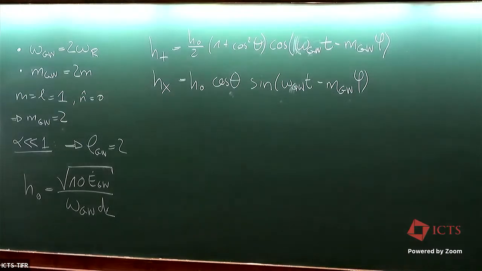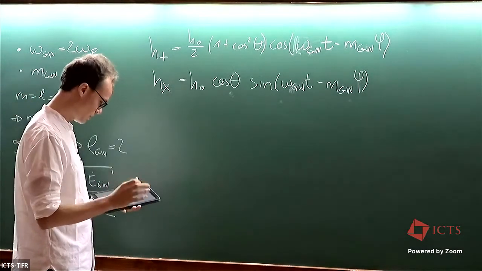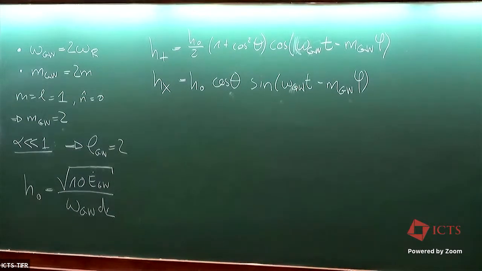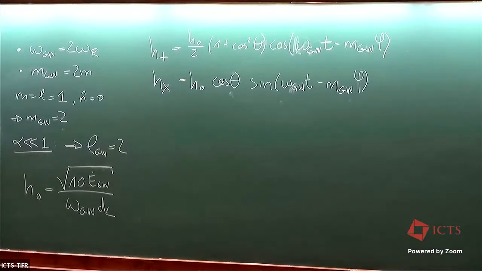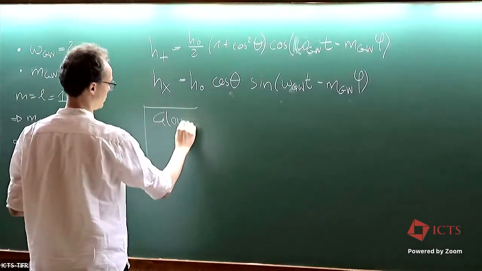And basically, this is something that you already did yesterday in the tutorial, so I'm repeating what you already derived, just so we're all on the same page. The basic idea is that we know the energy flux of gravitational waves being sent out by the cloud.